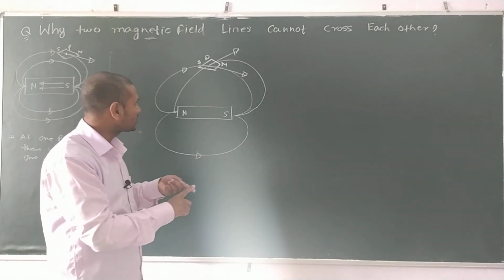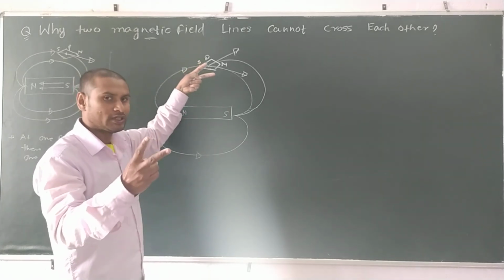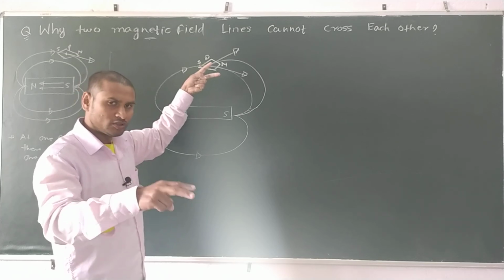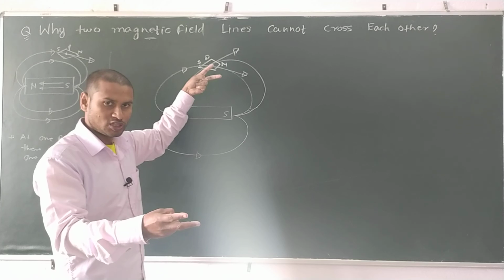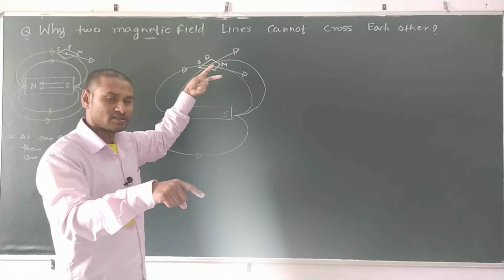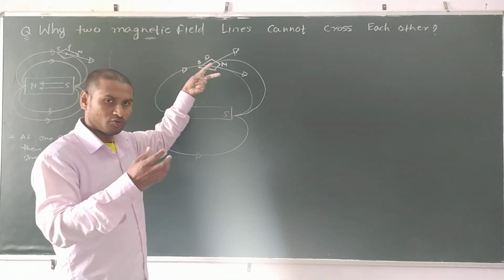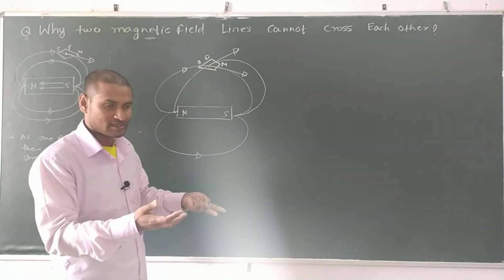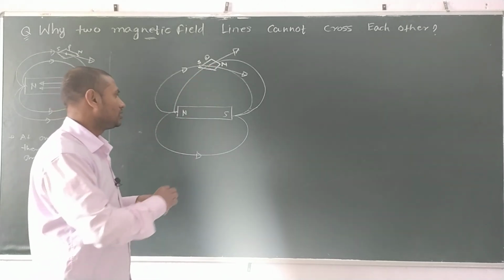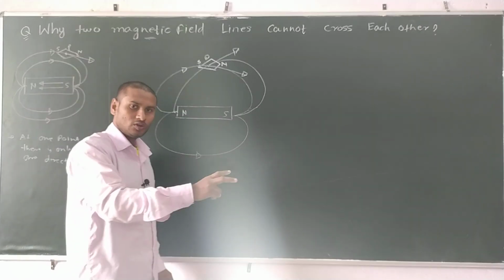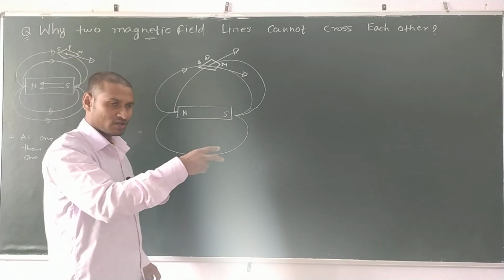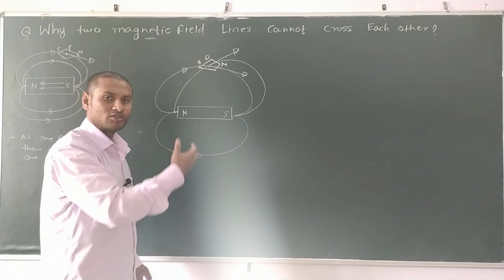If they crossed, you could draw two tangents for the two curves, but we find only one direction at that point, so we consider only the direction of the compass needle, which is fact. So it is not possible for two magnetic field lines to cross each other outside the magnet.